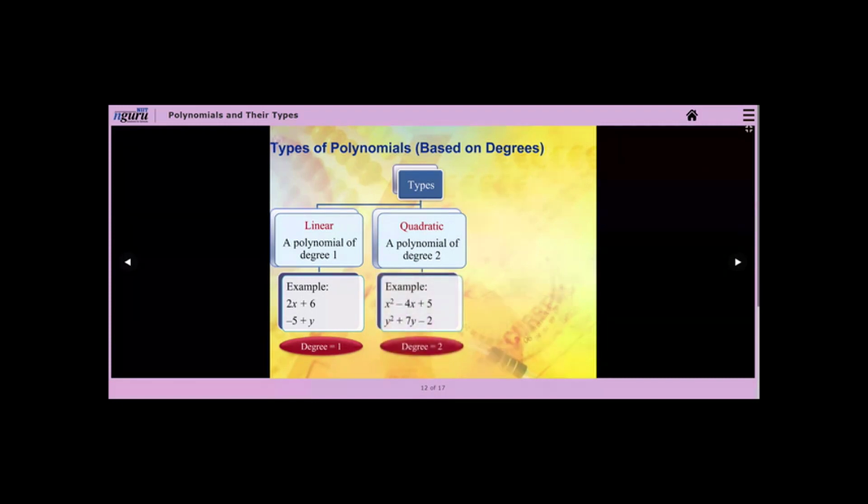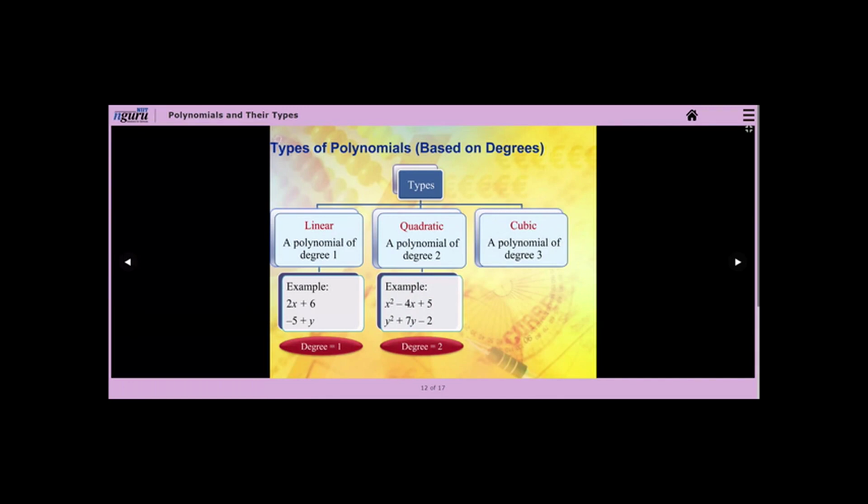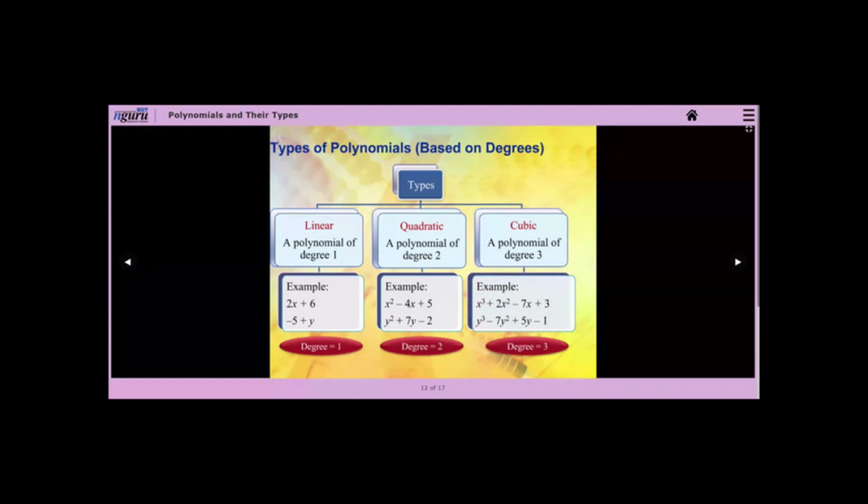A polynomial of degree 2 is called a quadratic polynomial. Therefore, the degree of these polynomials is also 2. A polynomial of degree 3 is called a cubic polynomial. Therefore, the degree of these polynomials is also 3.